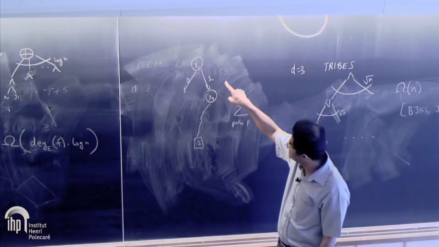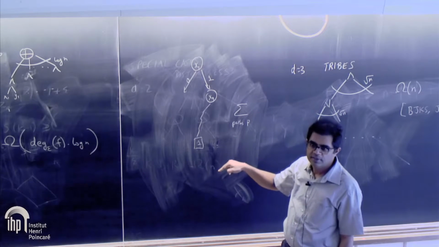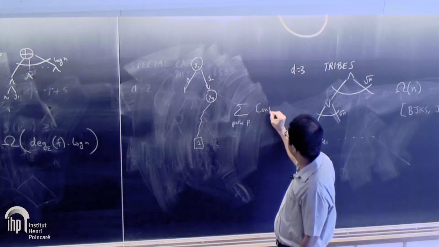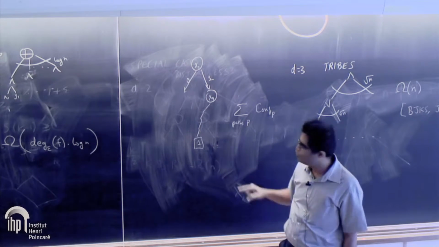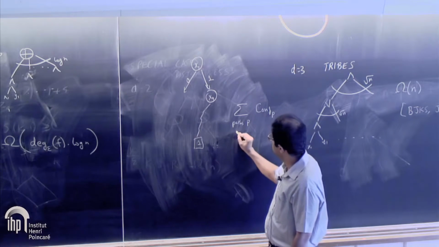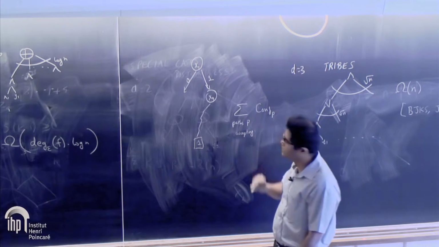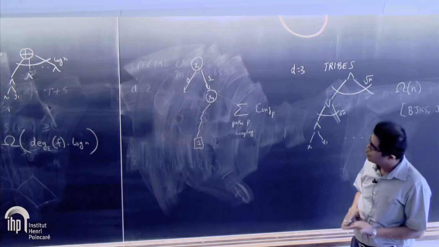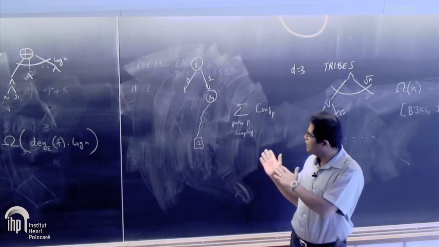Okay, if you look at all the accepting paths, what does a path look like? It's a conjunction of variables, right? So it's a conjunction corresponding to this path P, for paths P that are accepting. Obviously this is a one-way transformation.